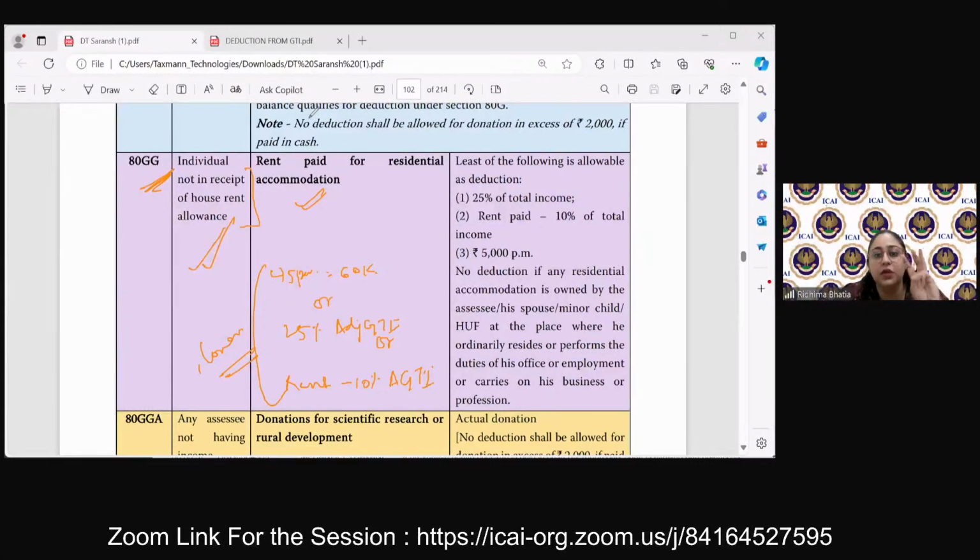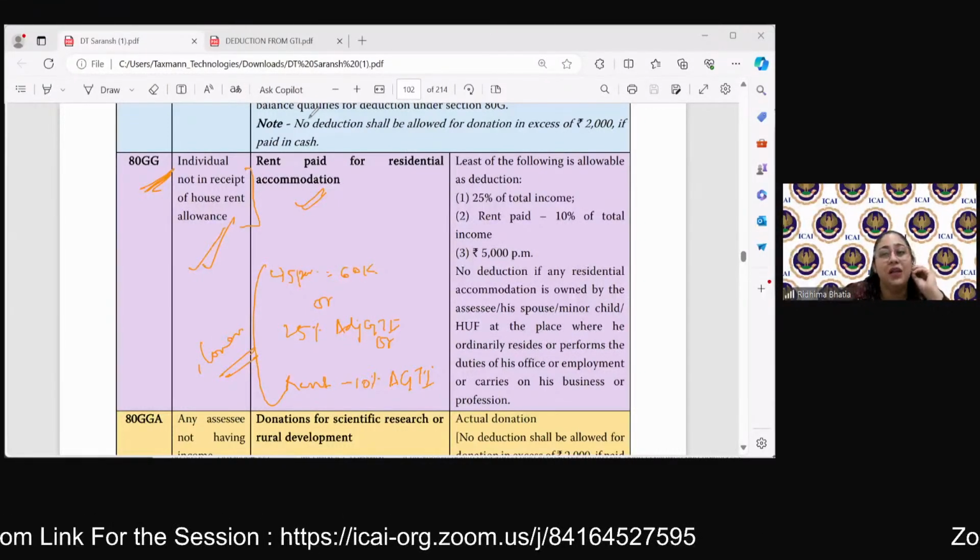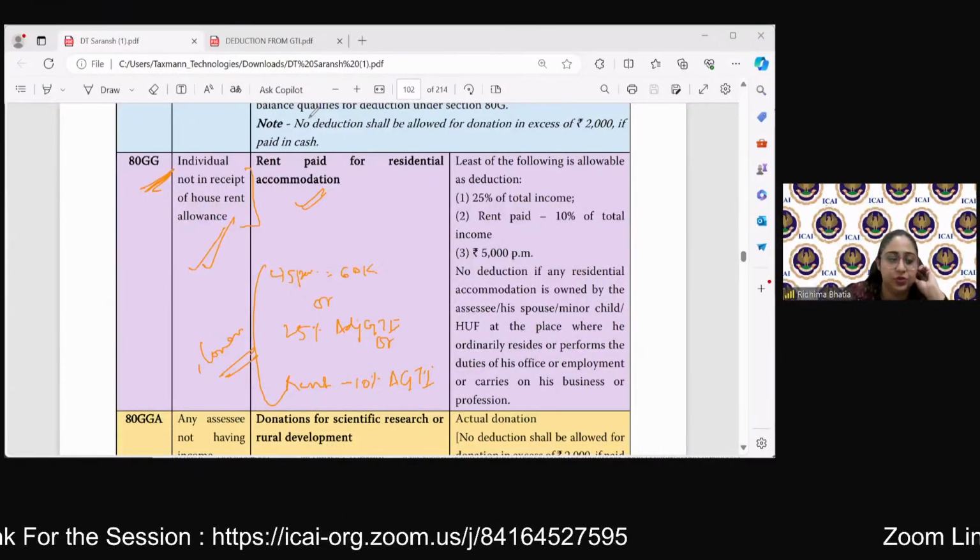That is total 60,000. Whichever is the minimum would be allowed, but it would be allowed for any person other than those who are claiming house rent exemption.